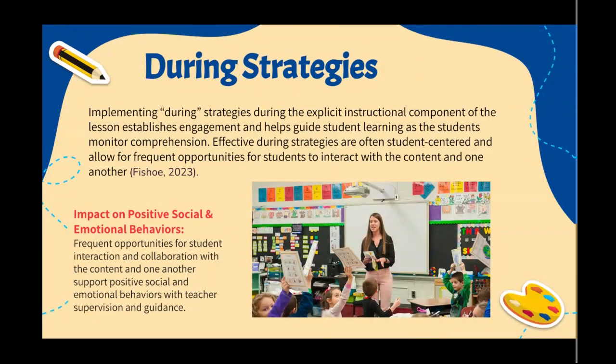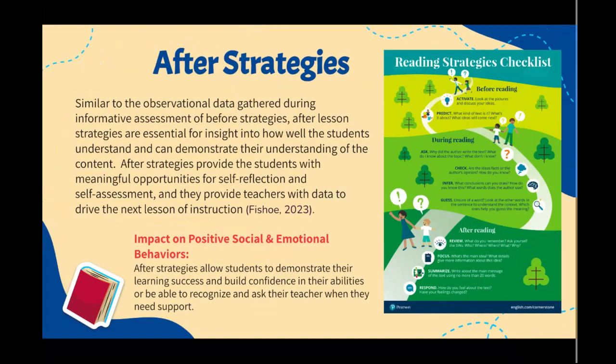And this is going to, again, impact students positively in social and emotional ways, because they're building that supportive environment with one another based on the teacher's supervision and guidance through all of their interactive and collaborative interactions with one another.